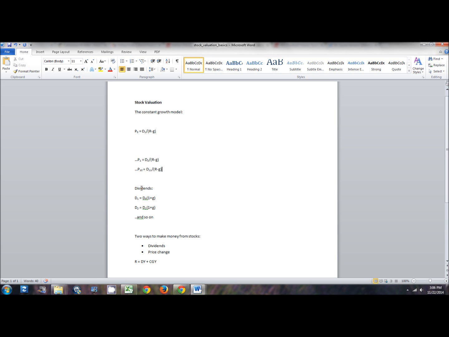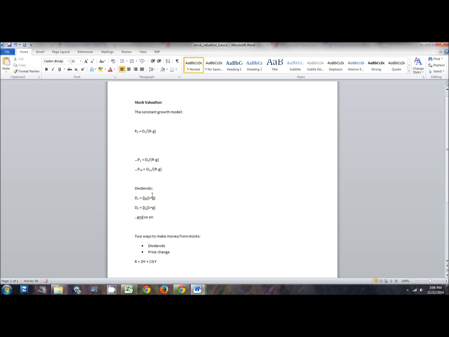So the dividends, what I want you guys to recognize is that one dividend is linked to the next dividend. We learned in the first part that this g variable is the constant growth rate in dividends. Well, this relationship right here is actually always true regardless of whether or not the growth rate is constant.